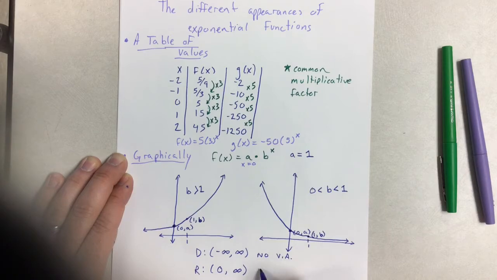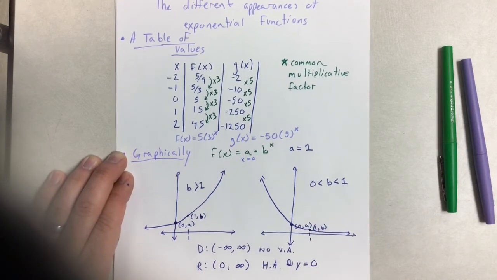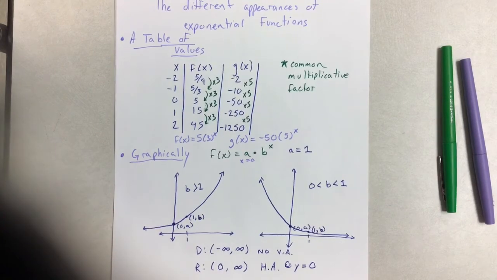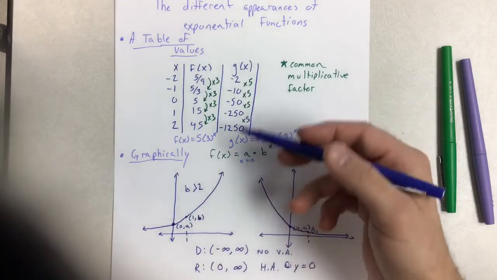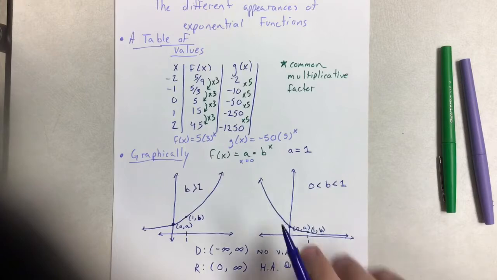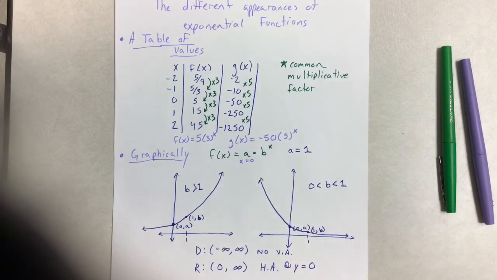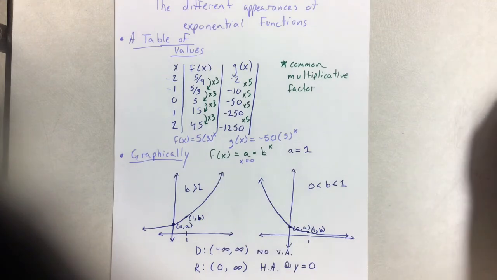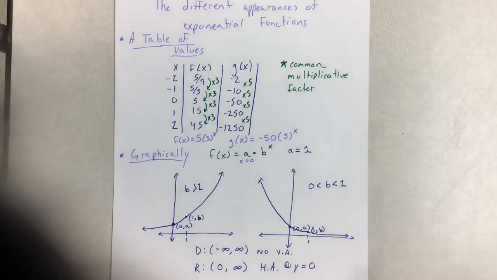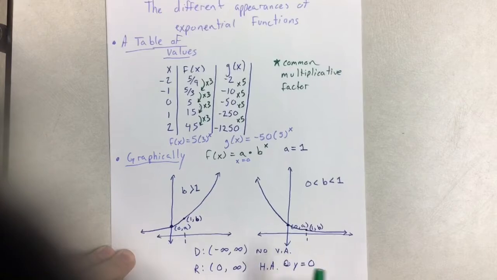So we could say we have a horizontal asymptote at y equals 0. That's just the basic understanding of the graph. All exponential functions will have this appearance, but there are going to be some slight changes based off what numbers and other additions we have. So let's look real quick at transformations.